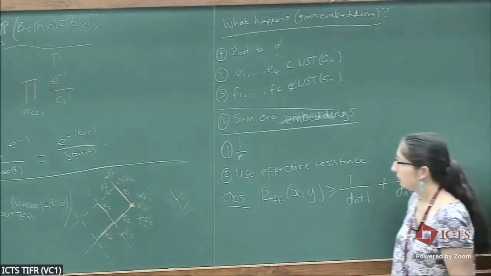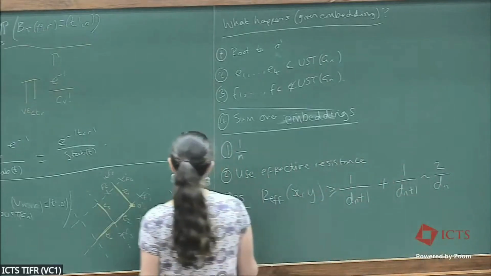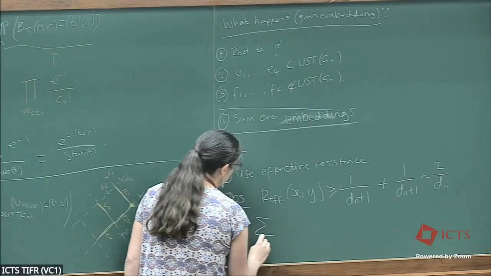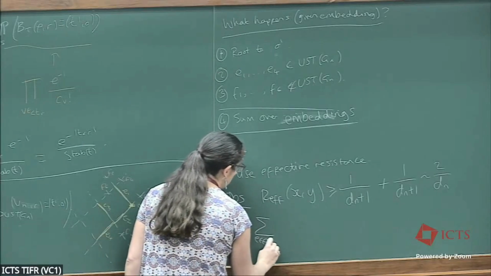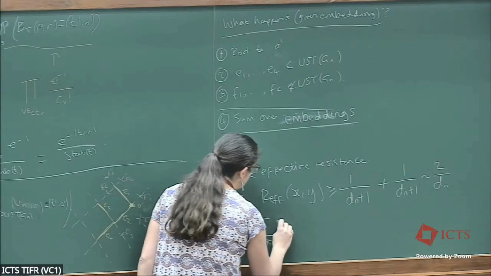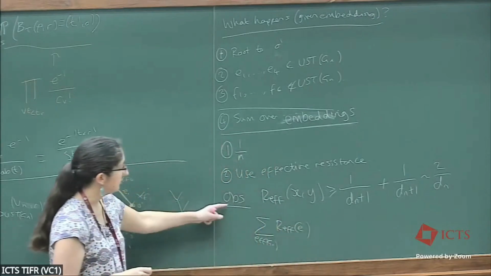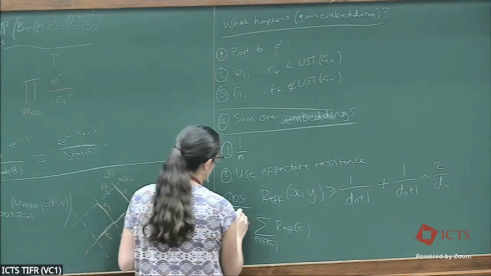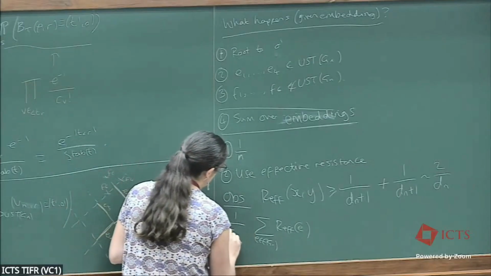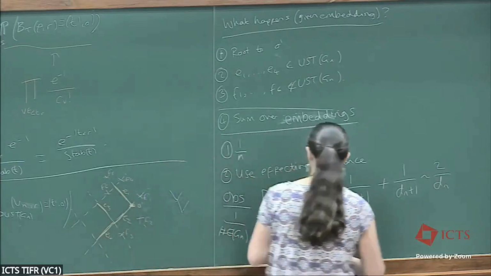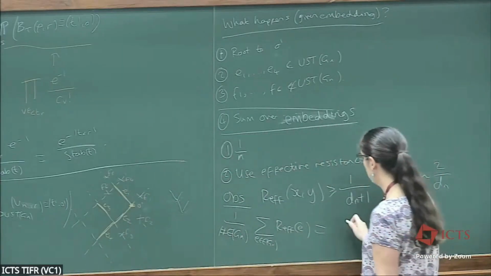But Foster's theorem tells me something as well. If I sum over all edges in G_n the effective resistance, and additionally divide by the number of edges, I know what this sum is, it's just n minus 1.